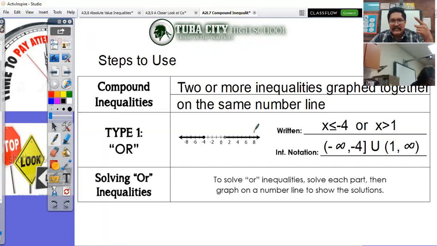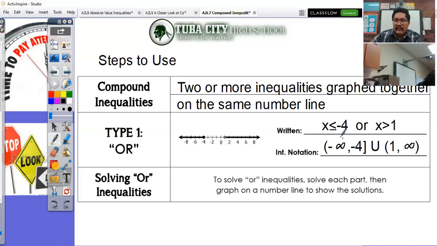They might say a driver's license or a state ID card. Sometimes they'll even take student ID cards, something with your picture on it. So those are or statements. They want one of those or the other.